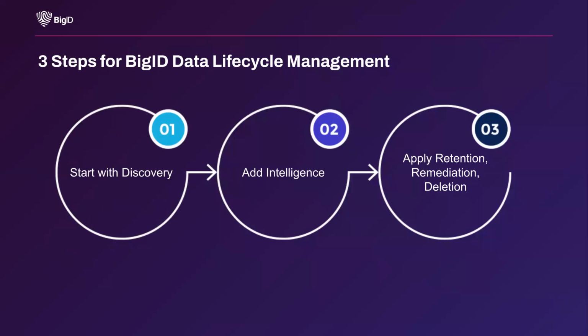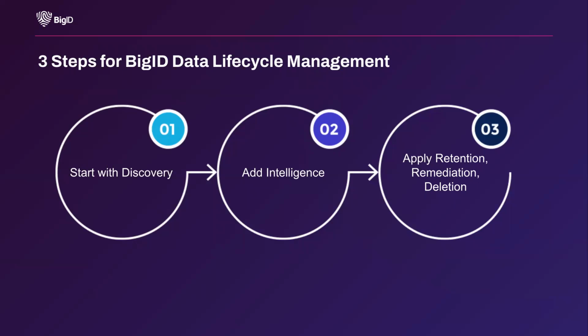In summary, when we talk about BigID data lifecycle management, we're really talking about our core strength, of course, which starts with discovery, knowing what you have, being able to classify all of your data automatically, doing that deeper discovery to know what the data is, and then adding the intelligence to say, okay, this data element is an ID or a name or a phone number or a credit card, or who it belongs to, or it's medical or legal, whatever that is.